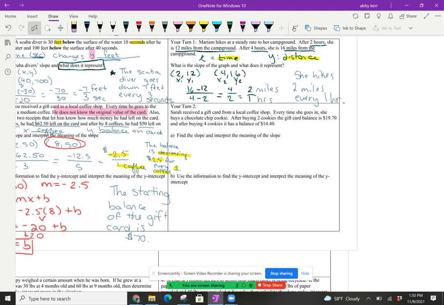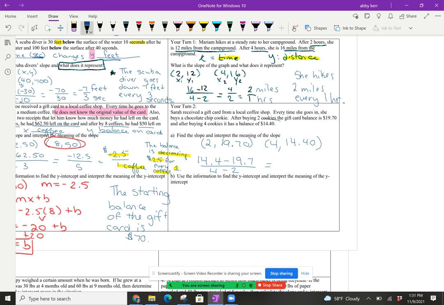And now you're going to do the exact same thing for your turn number 2. However, this time Sarah is buying a chocolate chip cookie or multiple chocolate chip cookies. She had 2 cookies, and the gift card balance was $19.70. And then 4 cookies was $14.40. So y2 minus y1 over x2 minus x1. Especially with decimals, take your time with them. Make sure that you are plugging them in correctly.